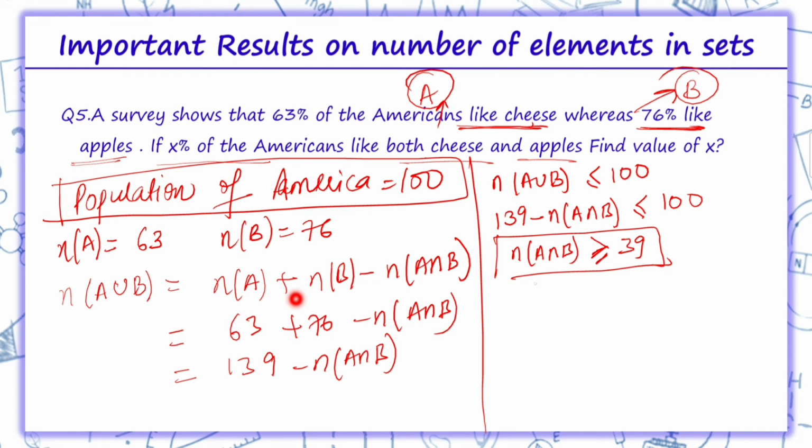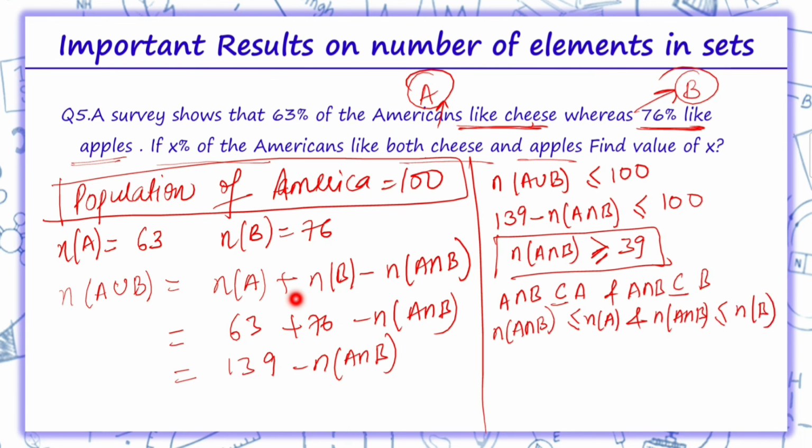So we can write that the cardinal number of A intersection B will be less than or equal to the cardinal number of A, and the cardinal number of A intersection B will be less than or equal to the cardinal number of B. Applying the same condition, we'll get n(A intersection B) should be less than or equal to 63, and n(A intersection B) should be less than or equal to 76.